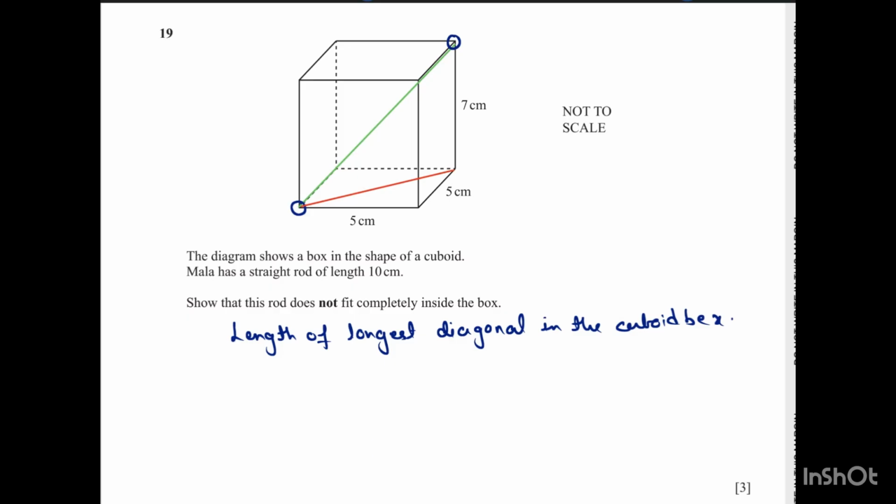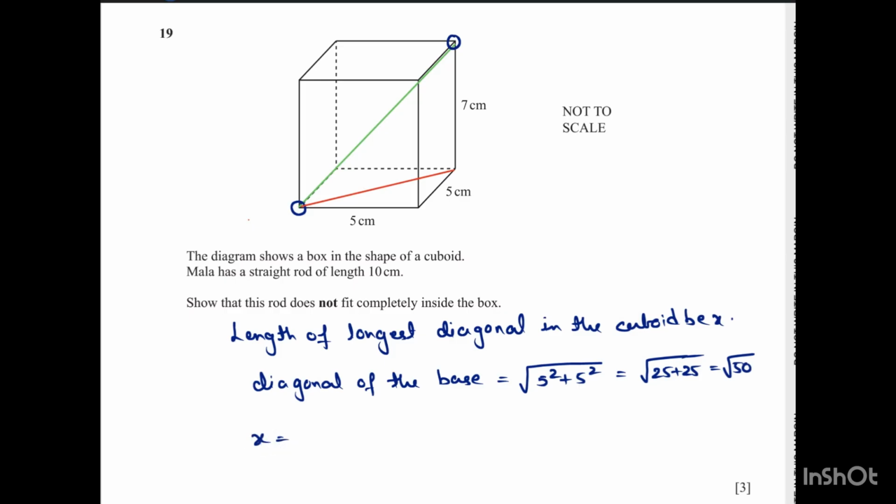Now the diagonal of the base, what is its length? It is the square root of the sum of the squares of the two given sides, because that is a right triangle. So this is square root of 25 plus 25, which is root 50. This is the diagonal of the base. So x will be equal to the square root of the square of the diagonal of the base plus the square of the other side.